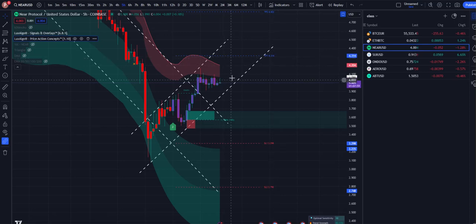So I know it's going to continue to go up, and therefore I know it's going to bounce here, and then it's going to go up. So I'll use LuxAlgo to confirm the target as I draw my pattern. And that validates where it's going and that my pattern itself is pretty strong.